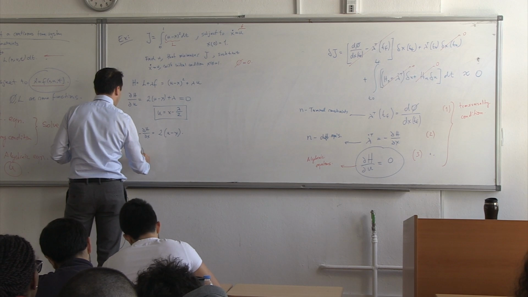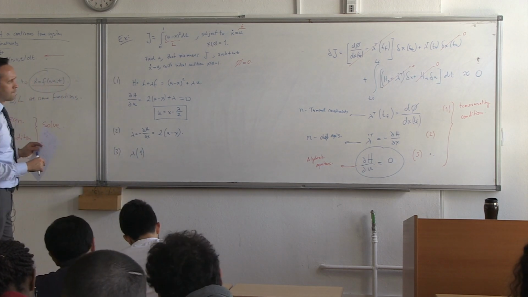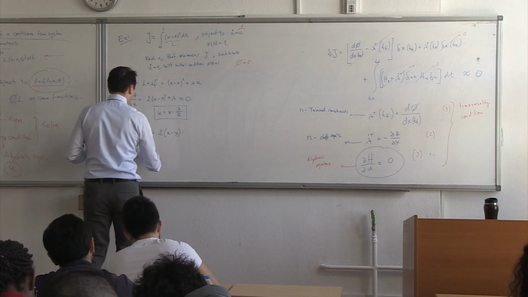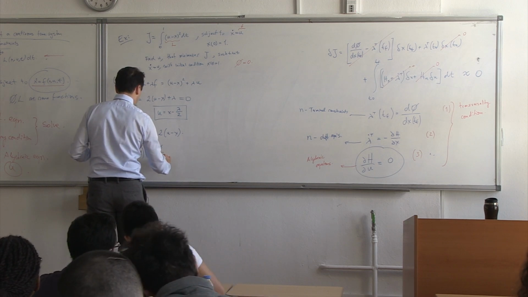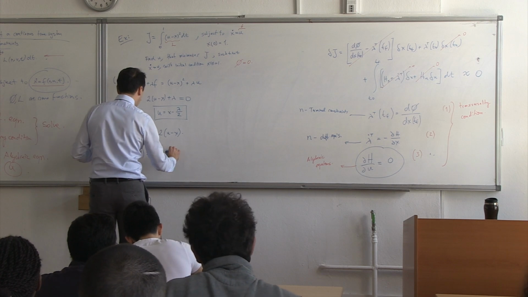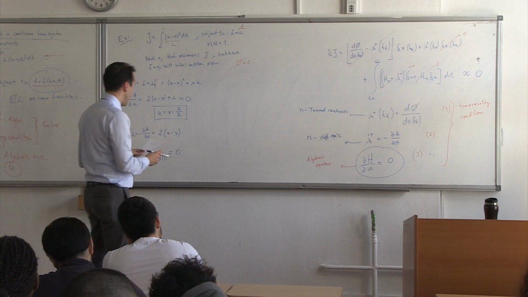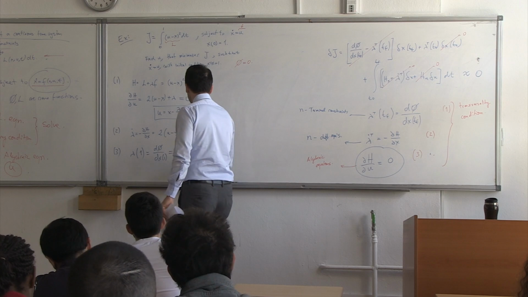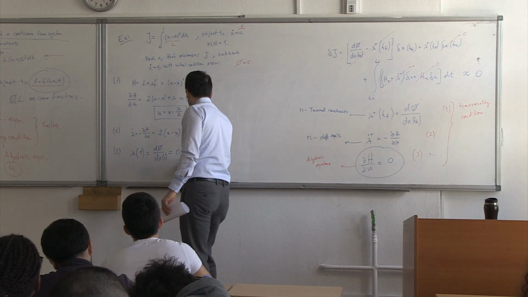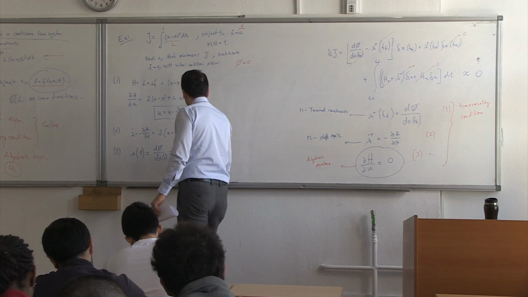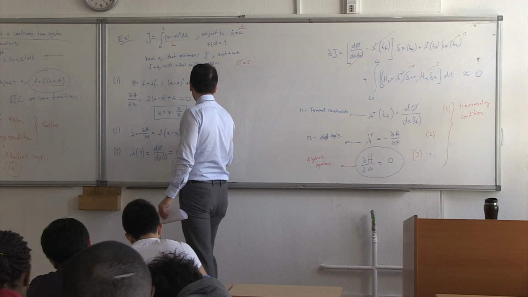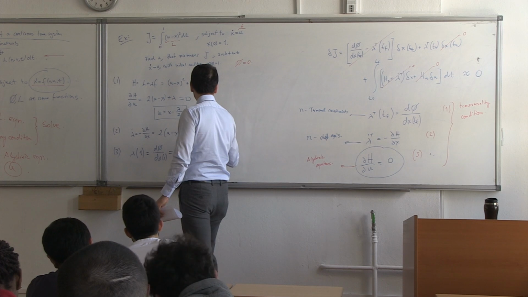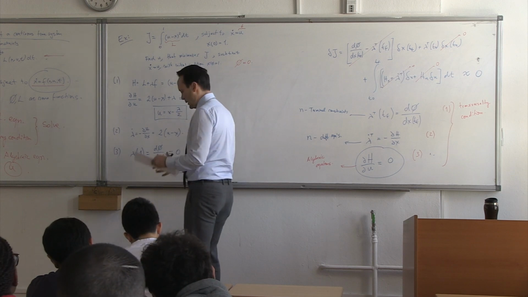Final time is 1, so lambda 1 is equal to d phi dx1, and phi is equal to 0, therefore this is equal to 0. So another condition I found is lambda 1 is equal to 0. And here I found lambda dot is equal to 2(u minus x). That's the other one.